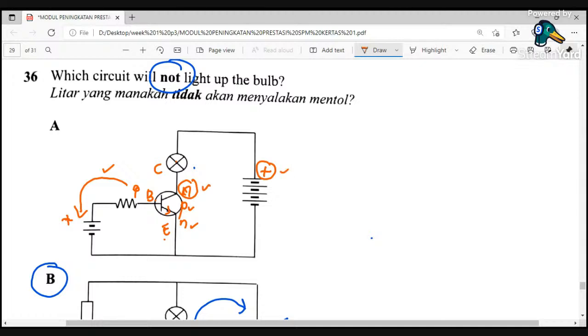Supaya large current flow to collector circuit. Large amount of charge go to collector. Itu sebab kenapa collector dia mesti reverse bias kat sini. Okay, tapi BE junction tak boleh. Jadi yang ni boleh, ini lampu akan menyala.